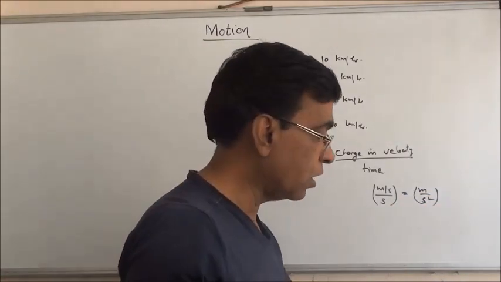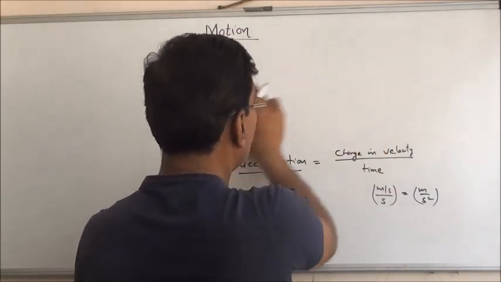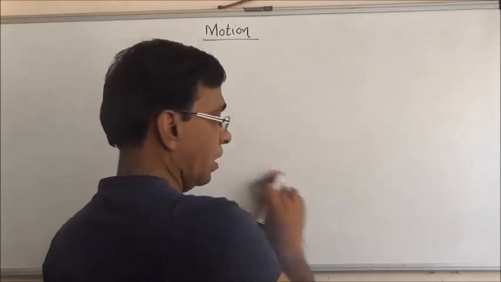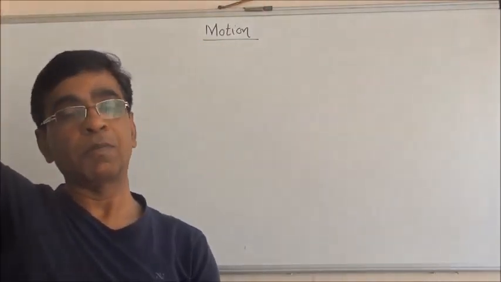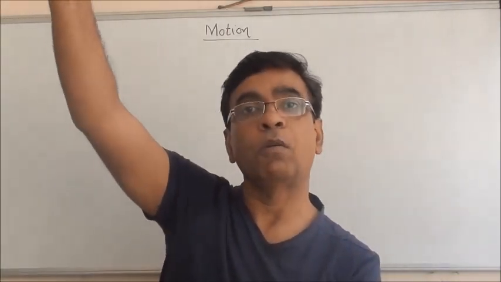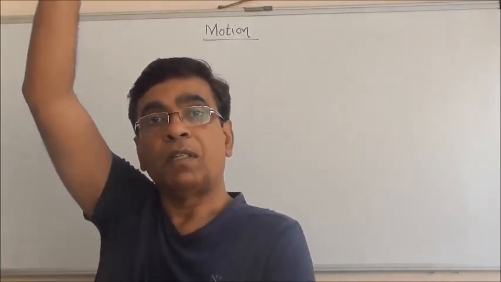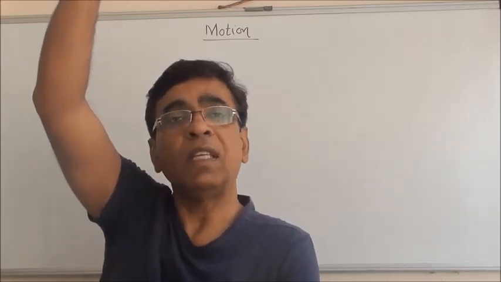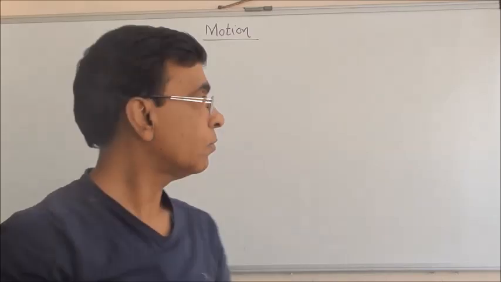I gave you examples for accelerated motion. One is this one. Another you may see: suppose I drop an object from a certain height. From the first floor I drop a ball and you are looking at it. Now when you have dropped it, drop means its initial speed is 0.